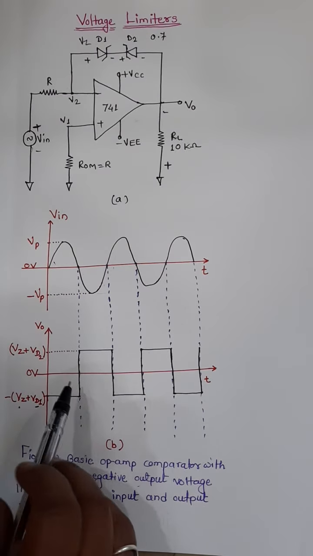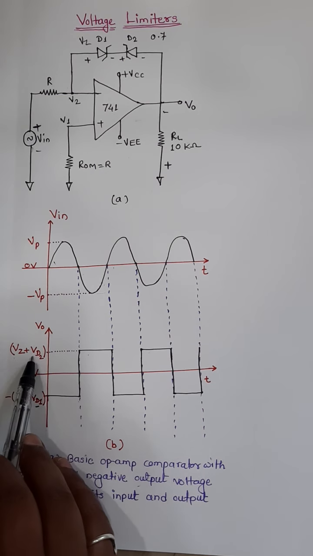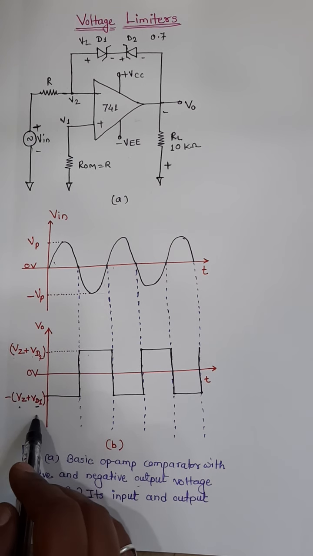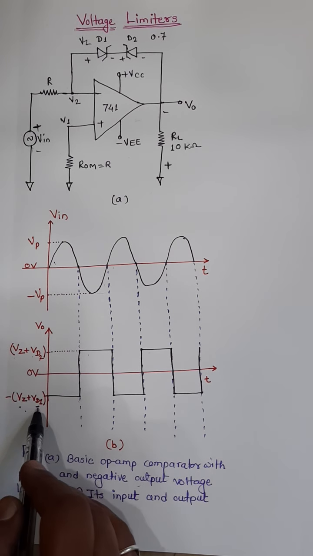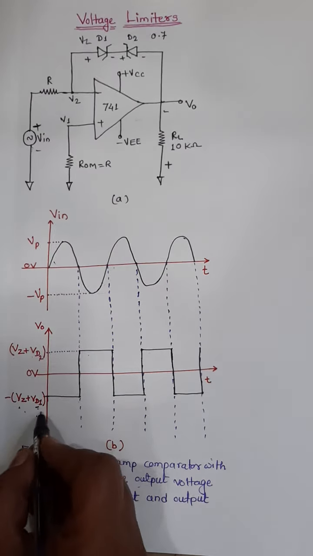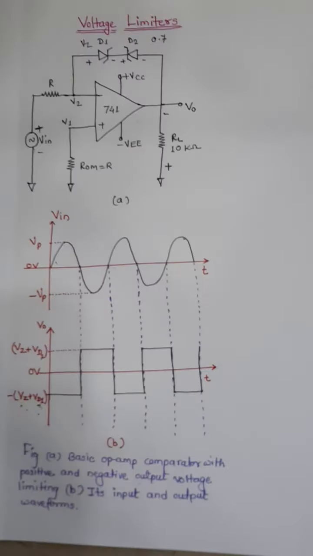So what is the output amplitude? VZ plus VD2, where VD2 is 0.7. Similarly, here it is VZ plus VD1. Whenever diode D1 is forward biased, this voltage is nothing but 0.7.